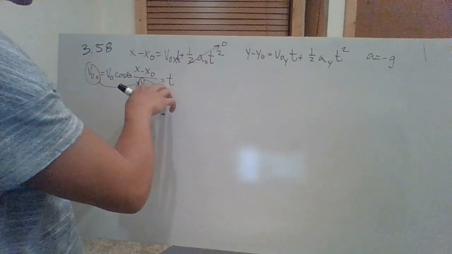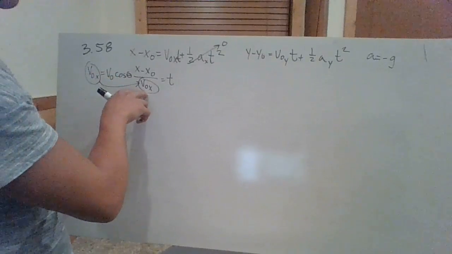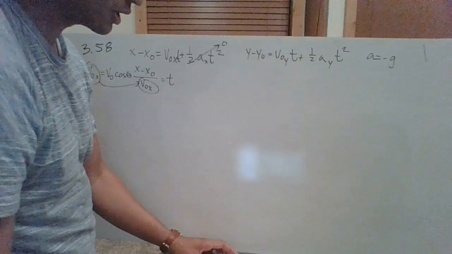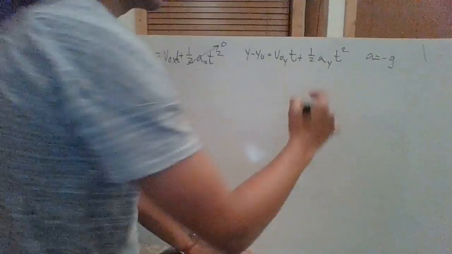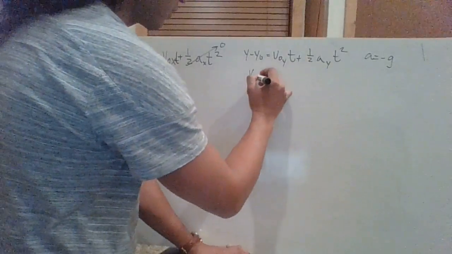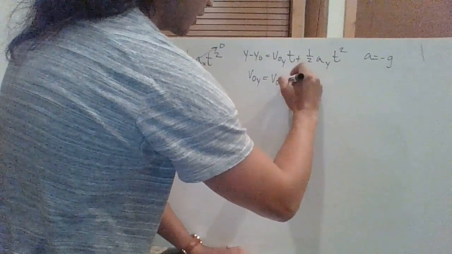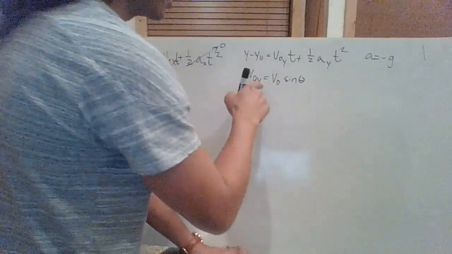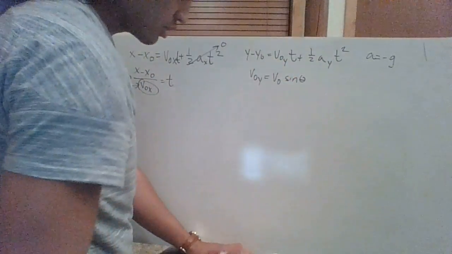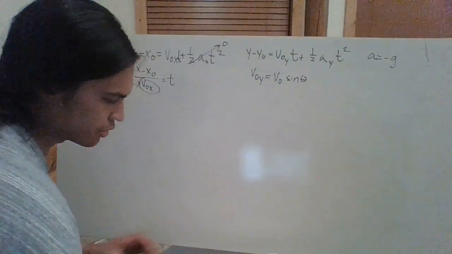For time, we're going to use this with v naught plugged in, and you'll see that in a sec. And also we know that v naught y is equal to v naught sine theta, which we can plug in right there.